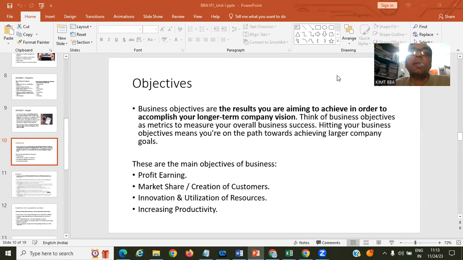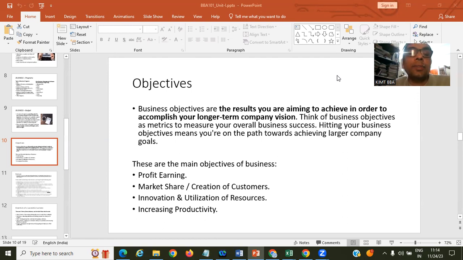If you feel that giving proper training to your employees can increase your productivity, then you have to think and spend on that. You have to think in that direction, how to increase your productivity, how to make utilization of resources in that way.